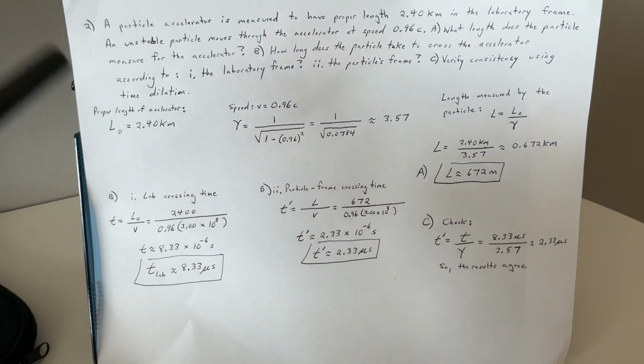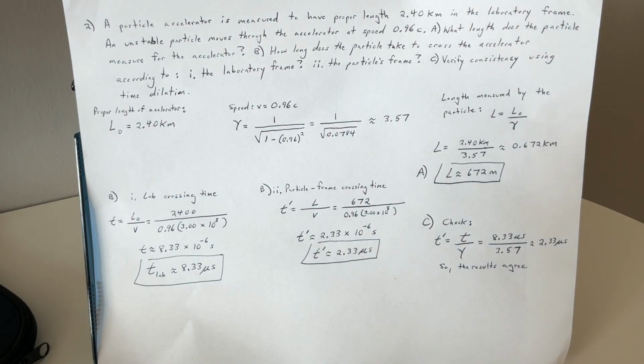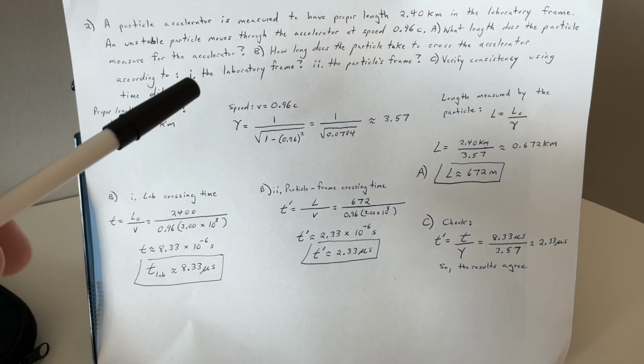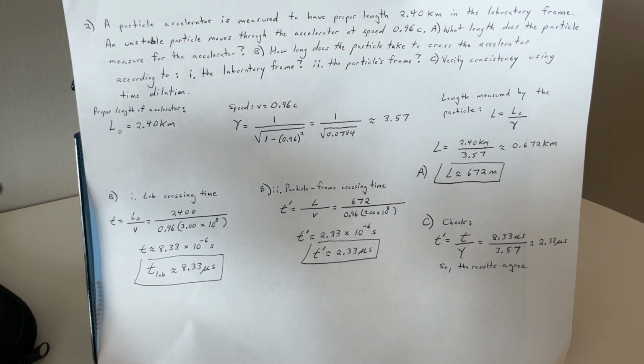Letter B, part one, we want to know how long the particle takes to cross the accelerator according to the laboratory frame. So the lab crossing time, t, is just L naught over v.